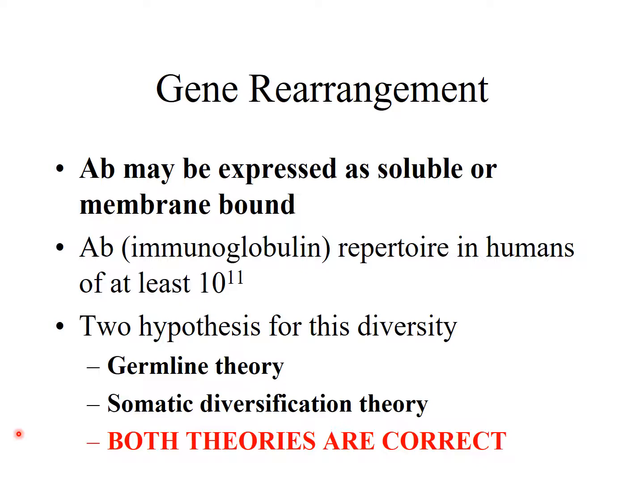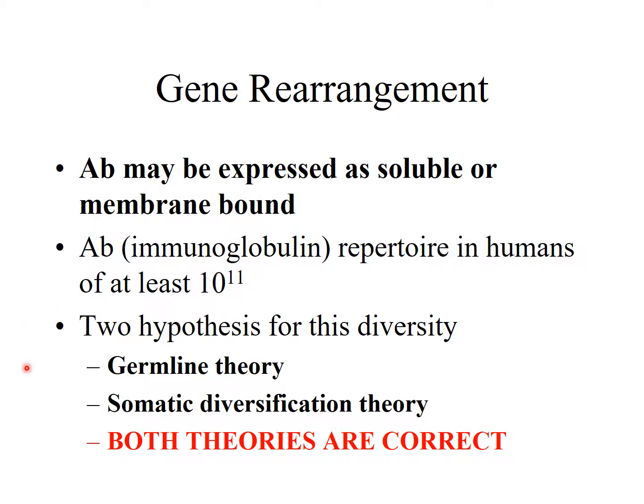We pass on in our DNA certain sets of genes that are responsible for the making of the B cell receptor, thus also responsible for the making of our antibodies. But we can't have 10 to the 11th different genes.